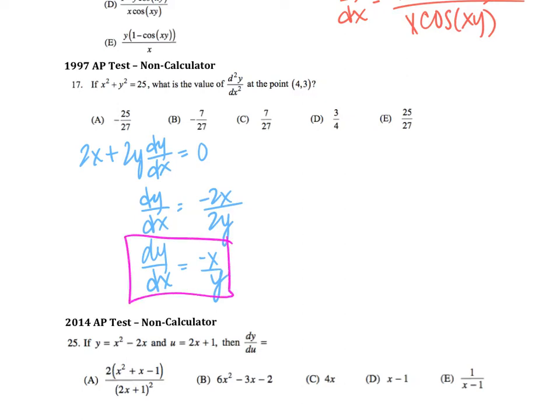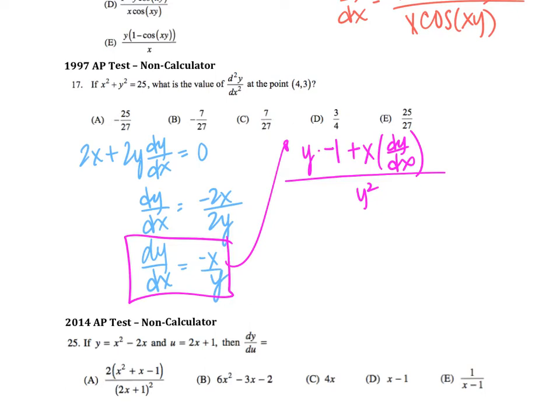So now I've got to go take the second derivative of this, which is going to be the quotient rule, which is low d high minus high d low all over low low. And they want it at the point (4, 3). So I'm going to plug in a 3 for every y, a 4 for every x. But what do I plug in here?